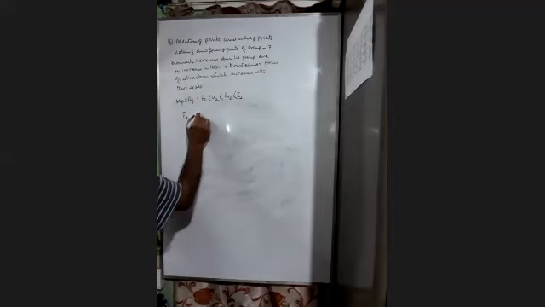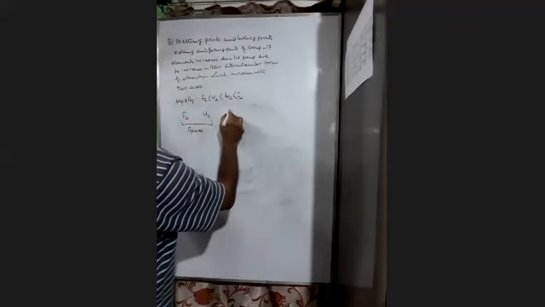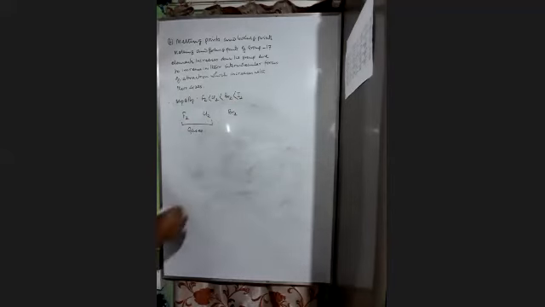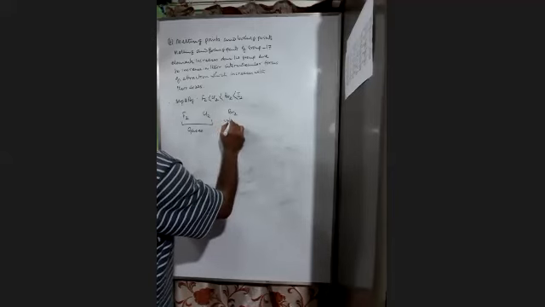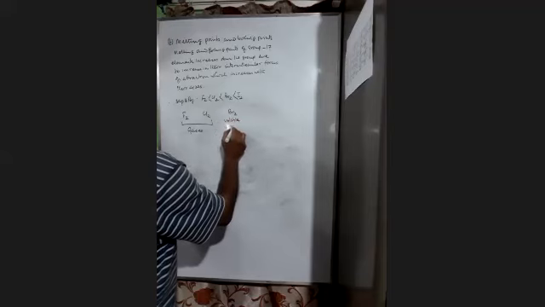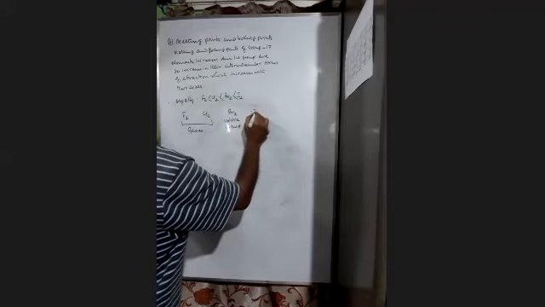Fluorine, chlorine, bromine is a volatile liquid. Iodine, sorry.